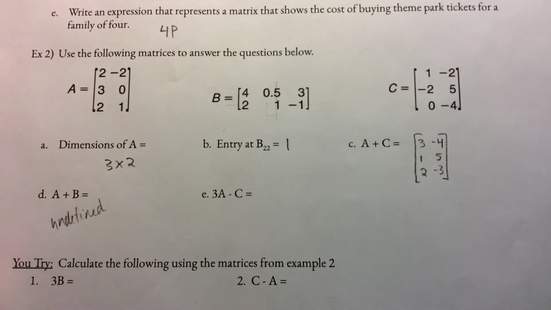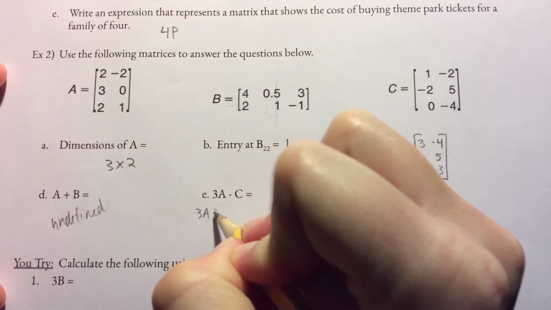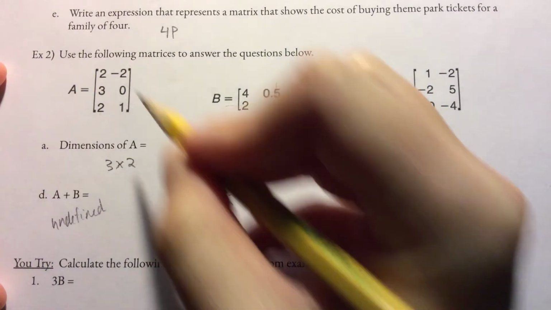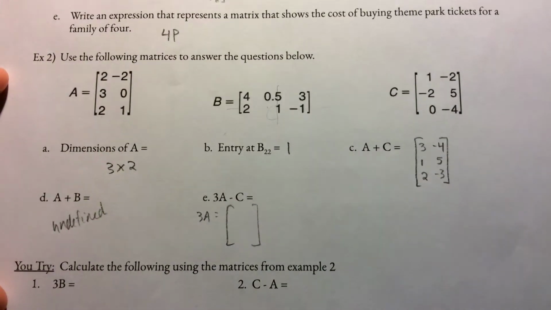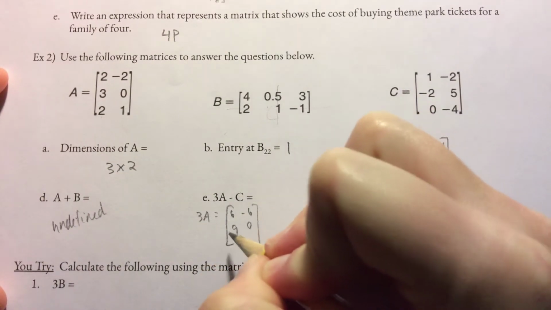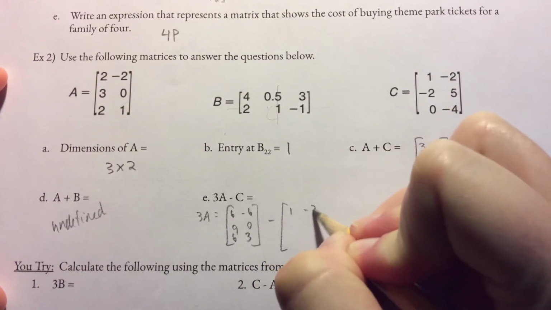And then 3A minus C. So I'm going to do 3A first and jot that down. So 3A is taking a scalar and applying it to everything in here. So I'm multiplying everything in there by 3. And then I'm going to subtract C from it.